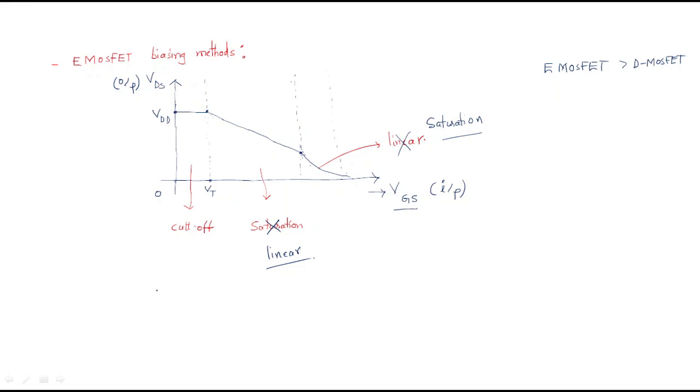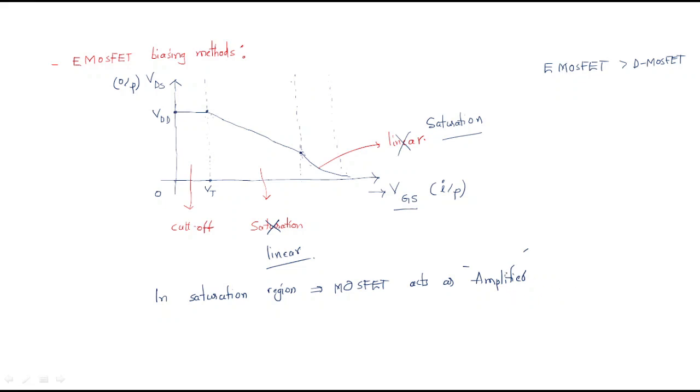In the saturation region only, this MOSFET acts as an amplifier. You know the amplifier takes a low amplitude signal and gives a high amplitude signal.